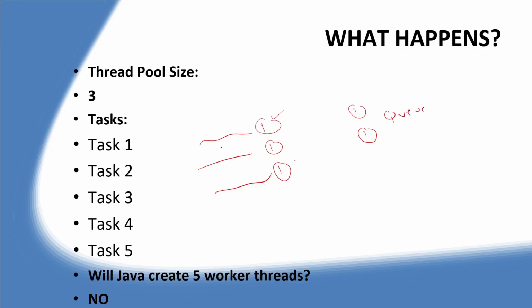Likewise, these 3 worker threads will complete all these 5 tasks. So the same worker can be reused for another queued task. The same worker threads are being used for other tasks. This reuse is one of the major benefits of using a thread pool.